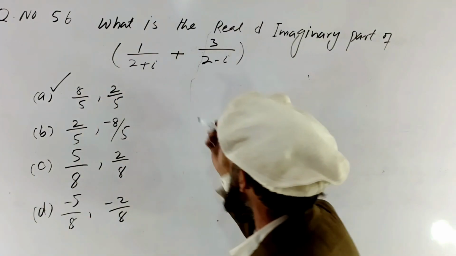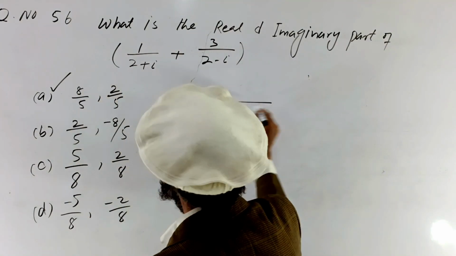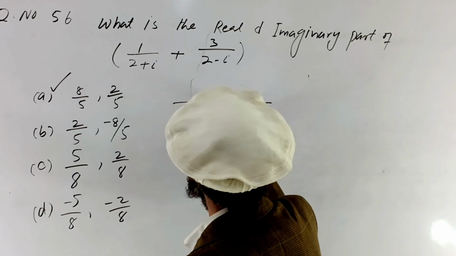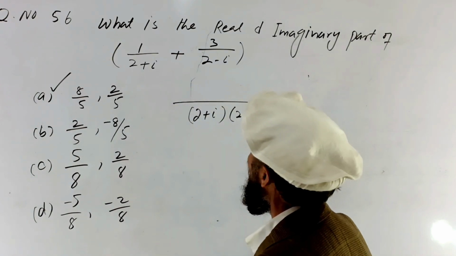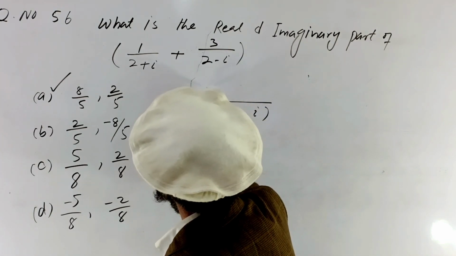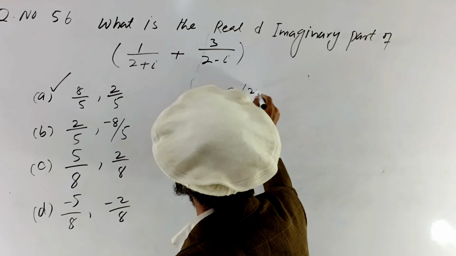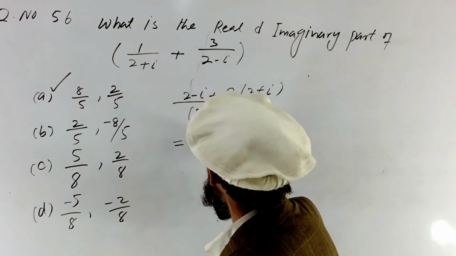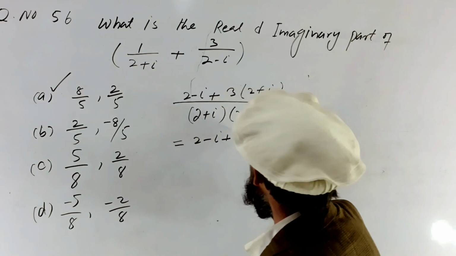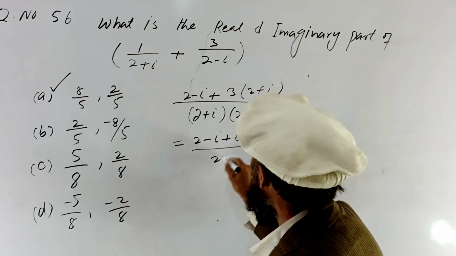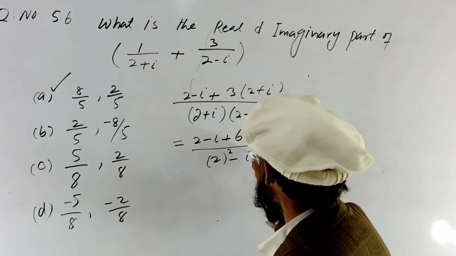If we simplify this result, 2 plus iota into 2 minus iota is the LCM. So here we multiply: 2 minus iota plus 3 into 2 plus iota. The result will be 2 minus iota plus 6 plus 3 iota divided by 4 minus iota square.